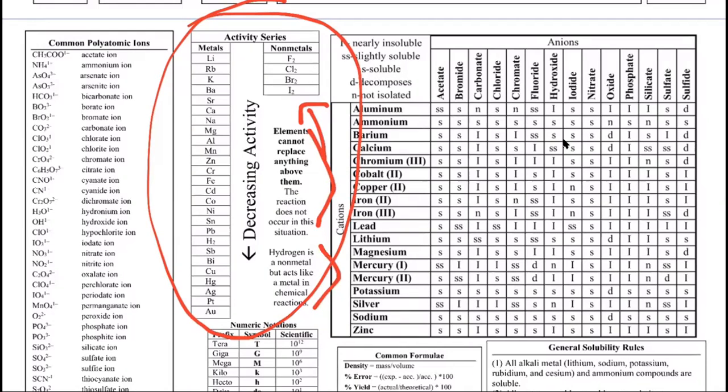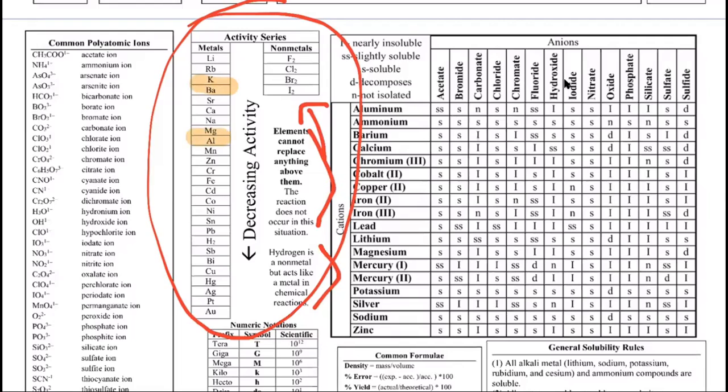Okay. So where is barium and where is aluminum? Here's aluminum and here's barium. So is barium above aluminum? What do we think? Yes, it is. So that means barium will replace aluminum.